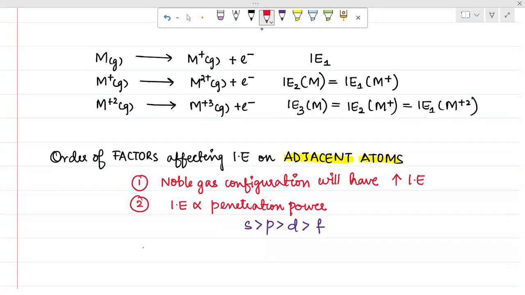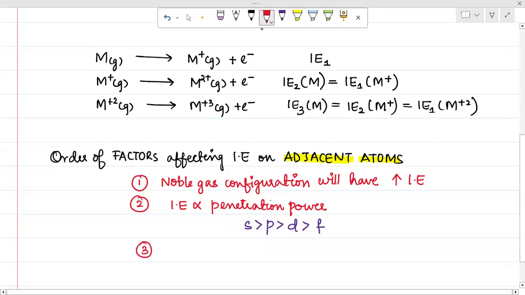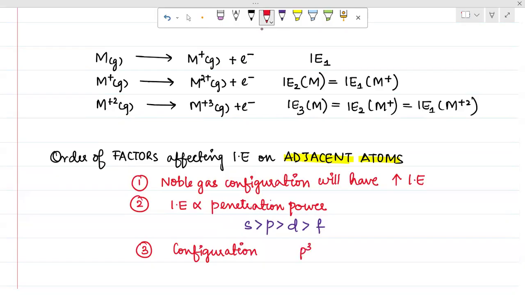Okay. Third one is half-filled electronic configuration. You know electronic configurations like p3, which is half-filled, d5, f7, these are all stable. Why? Because these are half-filled configurations and they give high exchange energy, about which we have already discussed.